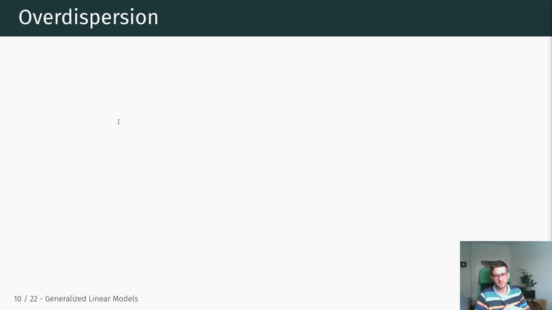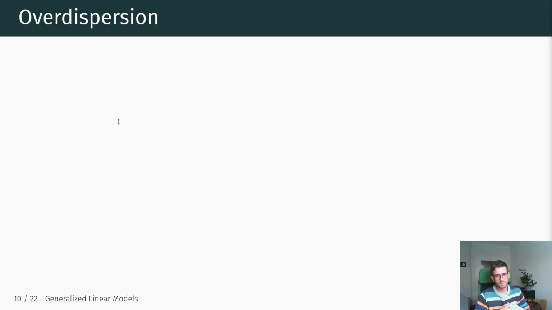One issue that we often encounter when working with count data is what is called overdispersion. I mentioned briefly earlier in this video that the Poisson distribution only has one parameter, and this parameter lambda is equal to both the expectation and the variance conditional on x.